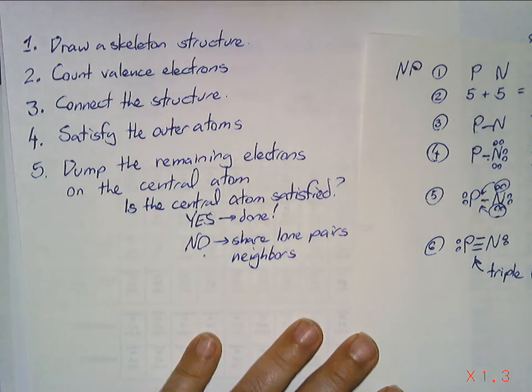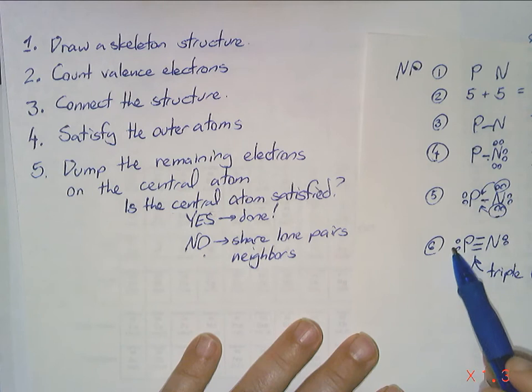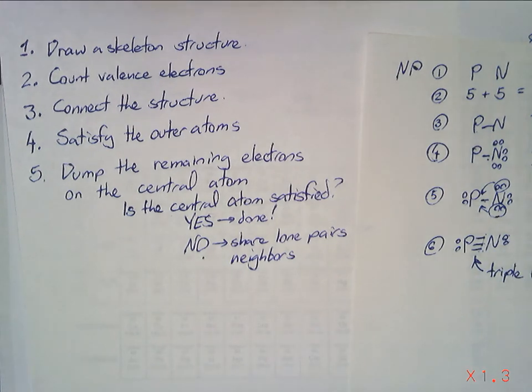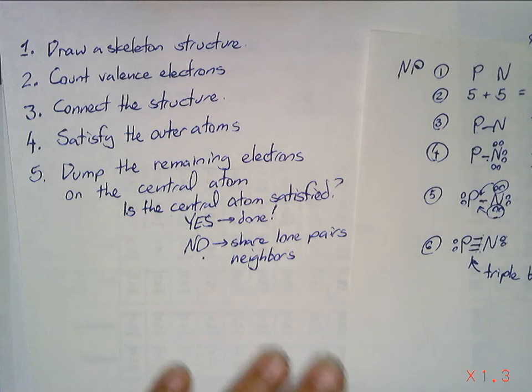So you have a triple bond there. And now everything is satisfied. If I look at the phosphorus, it has 1, 2, 3, 4, 5, 6, 7, 8 electrons around it, and the same with the nitrogen. 1, 2, 3, 4, 5, 6, 7, 8 electrons around the nitrogen. Everything's got 8, it's got an octet, so I'm done.